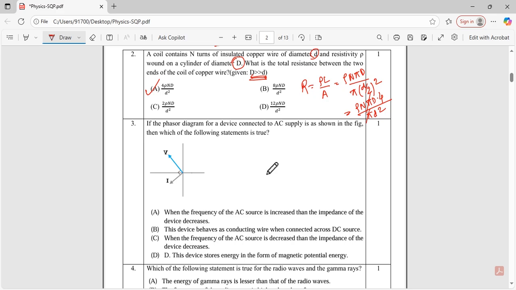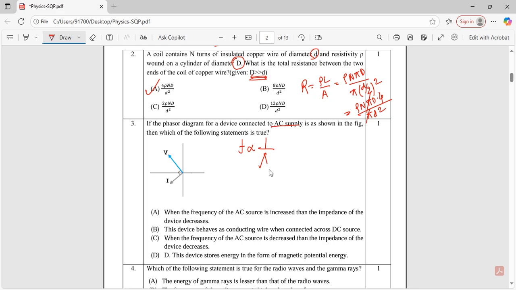Now question number 3. A phasor diagram of a device connected to an AC supply is shown in the figure. Which of the following statements is true? When the frequency of the AC source is increased, the impedance decreases, so they are inversely proportional.